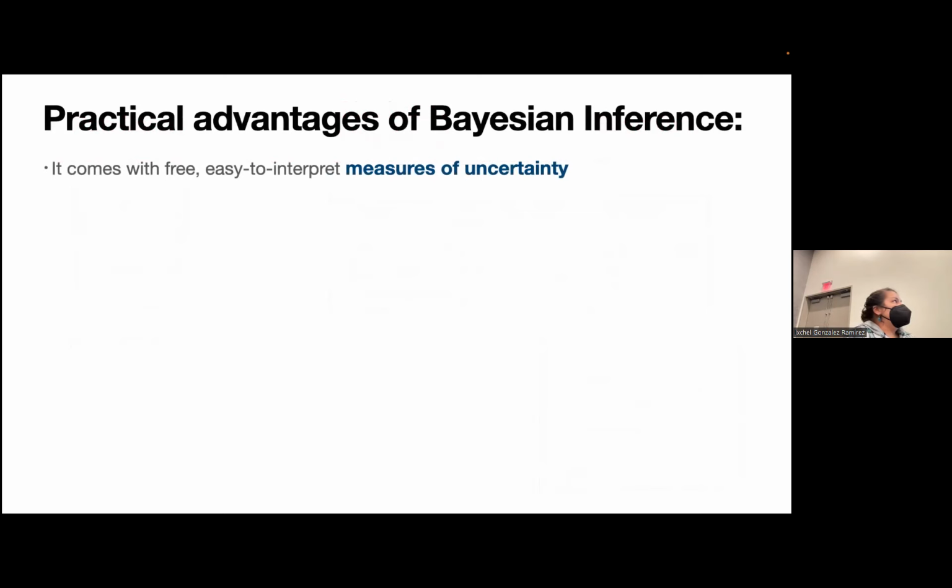Some practical advantages of using the Bayesian approach over maximum likelihood are that Bayesian analyses come with a measure of uncertainty by themselves, right? For those of you that have used IQ-TREE, how do you get a value of uncertainty on your trees? You have to compute something.